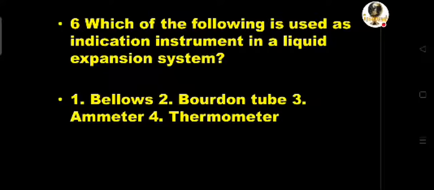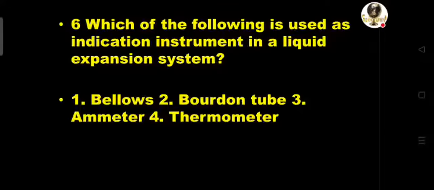When you comment, you must type the question number; I put every question number, and at present it is question number 6. The options are valves, Bourdon tubes, ammeter, and thermometer.